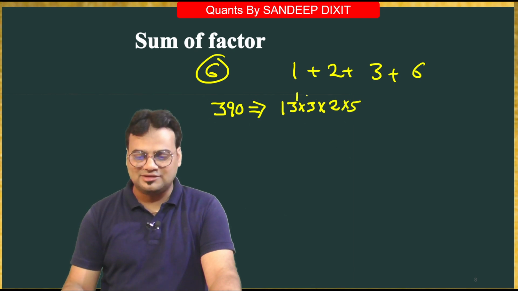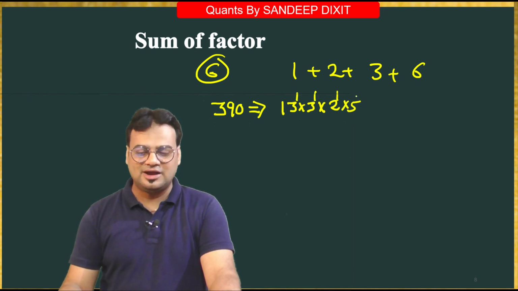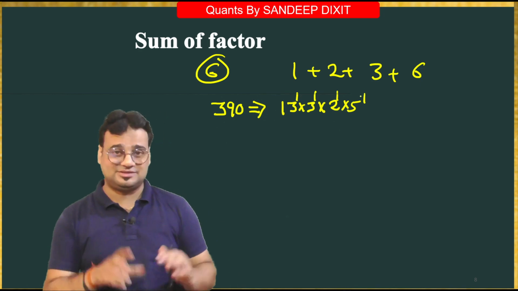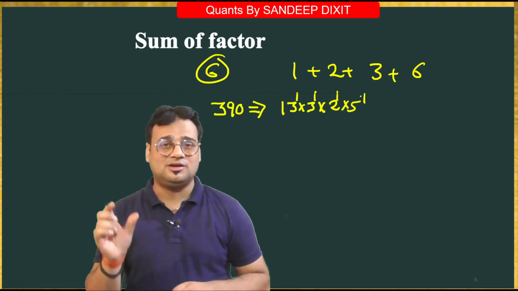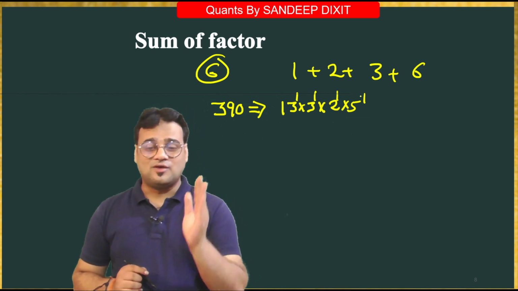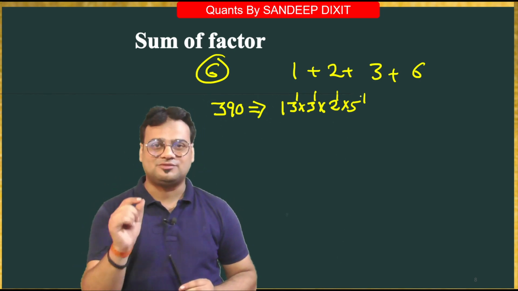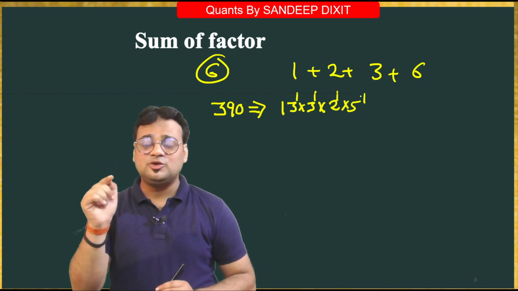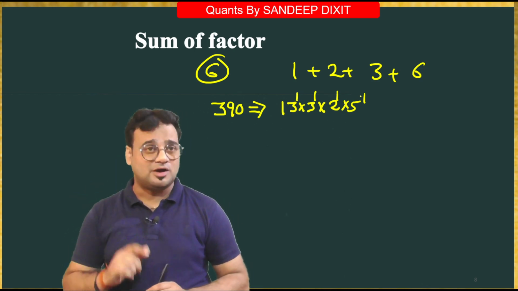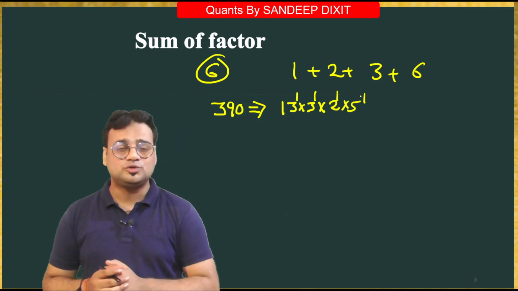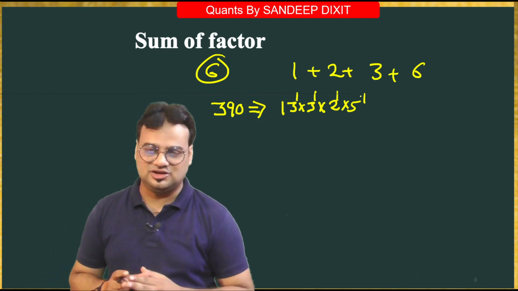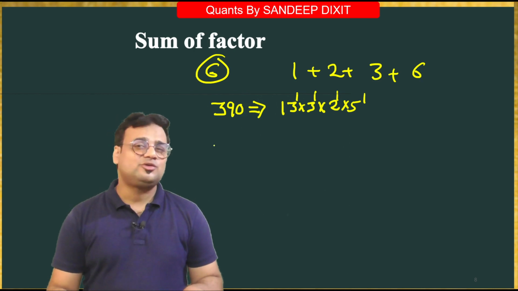That means the powers are 13 to the power 1, 3 to the power 1, 2 to the power 1 and 5 to the power 1. That's clear? If we are required to find the total number of factors, we add 1 to each power: 1 plus 1 for 13, 3, 2 and 5 also. So 2 fours are 8, 8 twos are 16. That's clear.